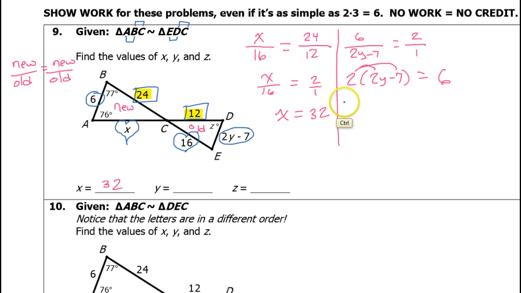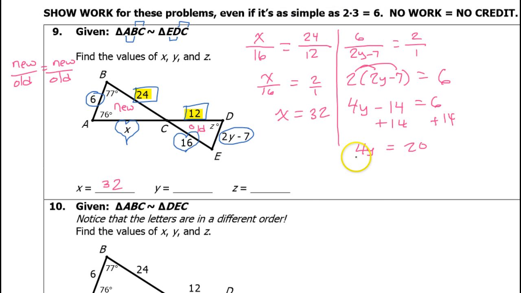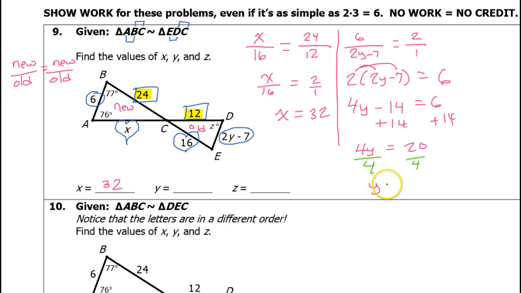Don't forget the distributive property, so I have 4y minus 14 is equal to 6. Then I add 14 to both sides, so that gives me 4y is equal to 20. Then I divide both sides by 4, and that gives me y equals 5.